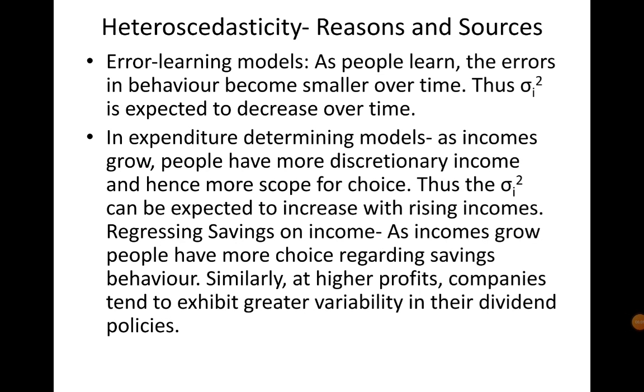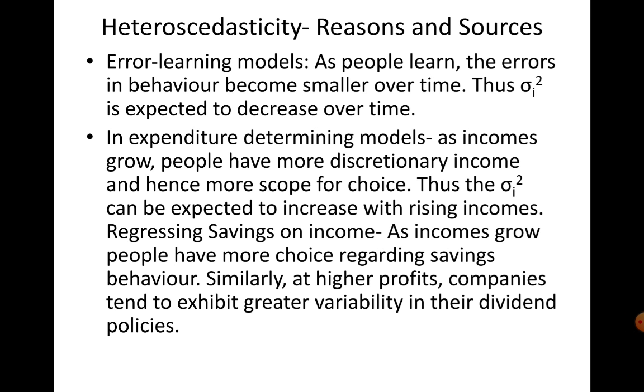Now let's have a look at the reasons and the sources of heteroscedasticity. What are the possible reasons that there is heteroscedasticity in the sample that we have at hand? One of the first explanations is that of error learning models. That is, as people learn, the errors in behavior will become smaller.